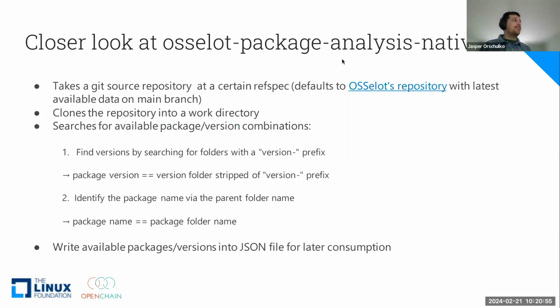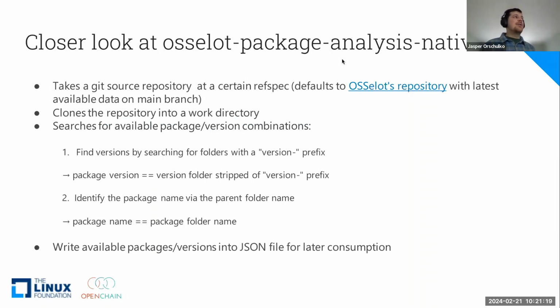All right, so we're going to first take a closer look at the OSSelot package analysis native BB recipe. Basically what it does is that it takes a Git source repository. By default, that's the OSSelot repository with the latest available data.